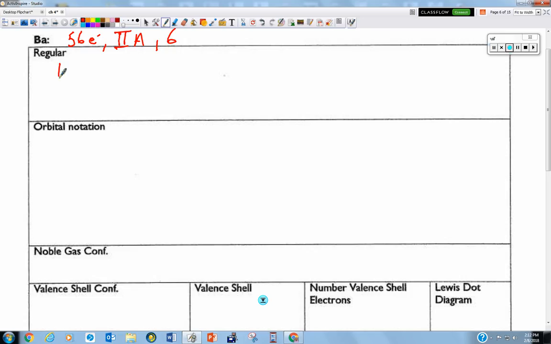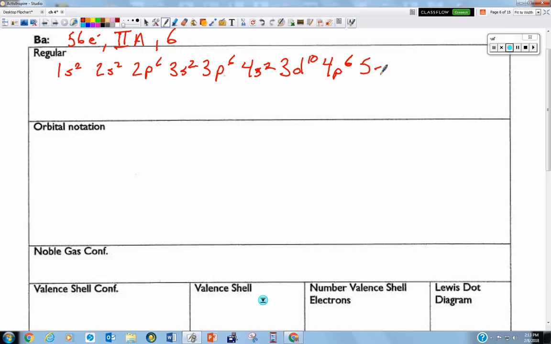I don't need to count the electrons yet, but since I know it's in row 6, I know it's going to have 1s2, 2s2, 2p6, 3s2, 3p6, 4s2, 3d10, 4p6, 5s2, 4d10, 5p6, and then now we start our sixth quantum level, and we need to look at where barium is.